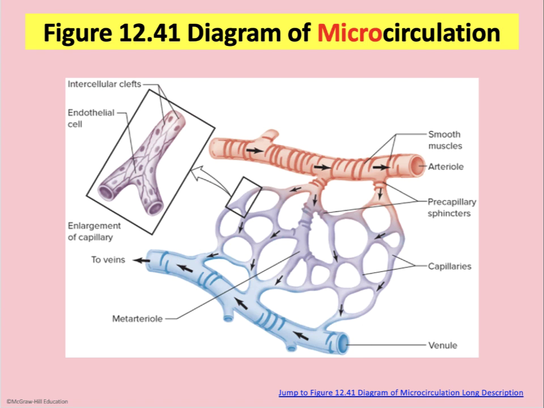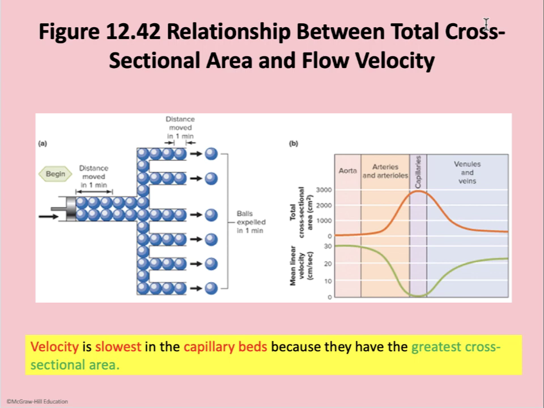The capillaries may be thin, but there's so many of them that in fact 5% of the total body's blood at any one moment is localized within the capillaries. Once that fact is understood, then this chart here becomes more discernible.